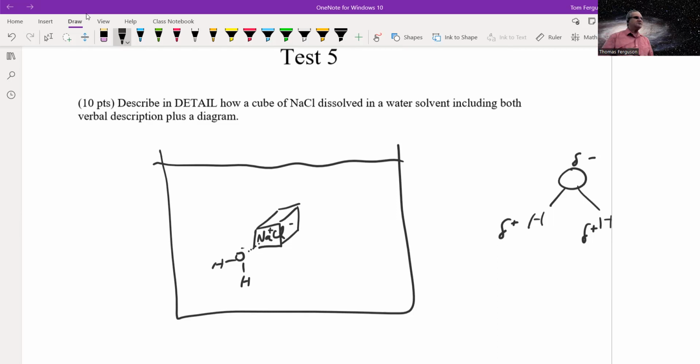So that negative oxygen is going to pull out this positive sodium ion. And those positive hydrogens are going to pull out the negative chlorides.